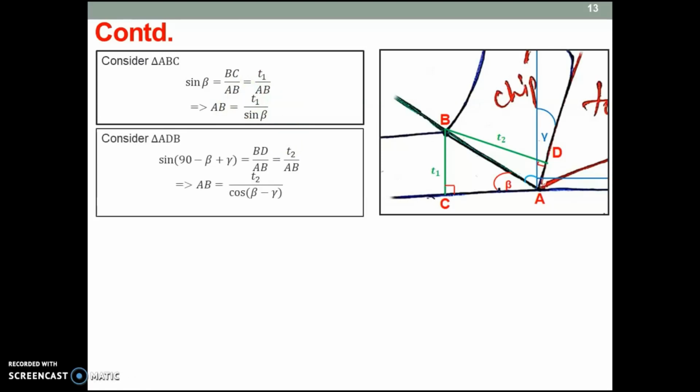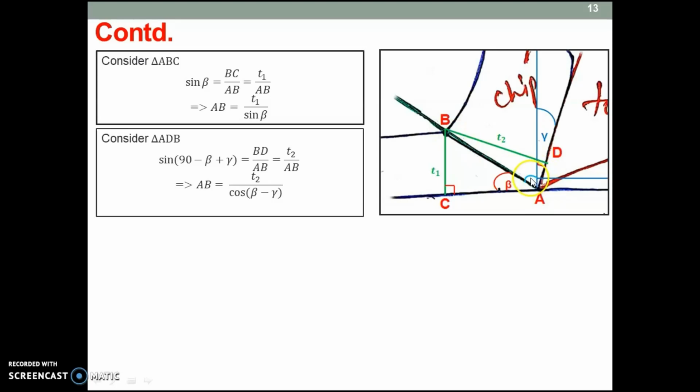Likewise, if we consider the second triangle, that is triangle ADB, then what about this angle? This angle is 90 minus beta plus gamma. Triangle DAB, 90 minus beta plus gamma.